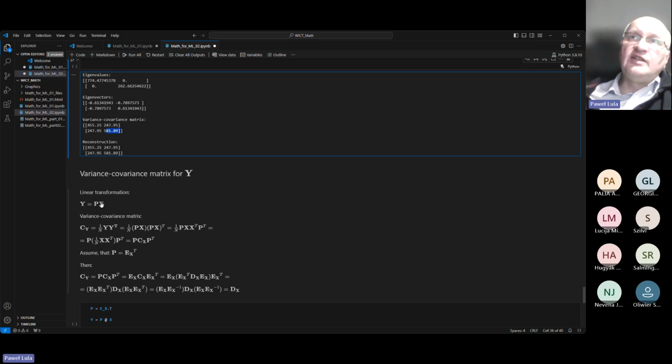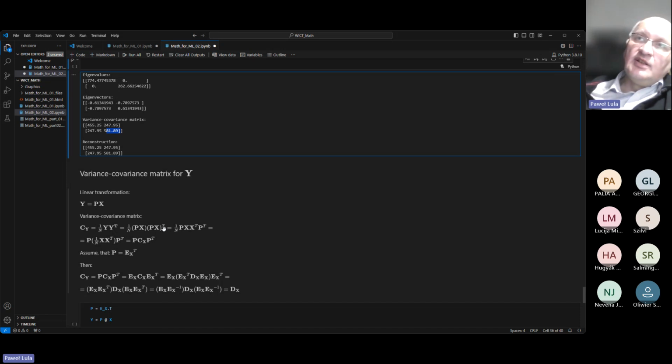Y is defined here. So I use this definition here. I replace y by PX, and here y after transposition is here. I perform this transposition operation when I transpose the product of two matrices.